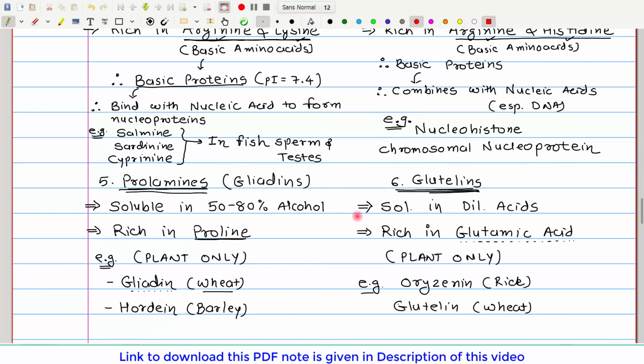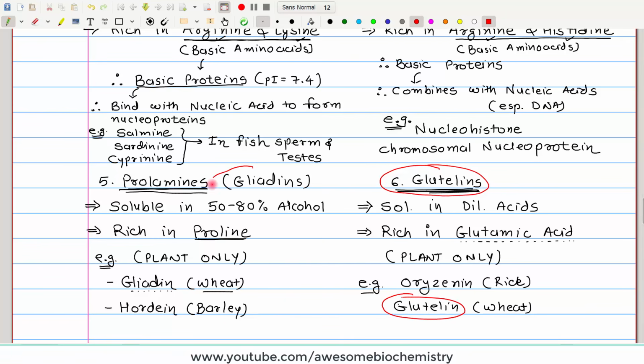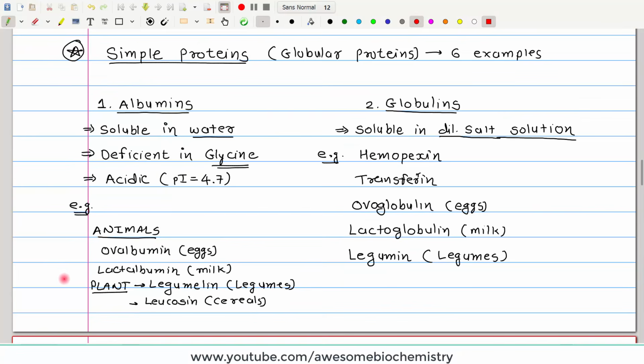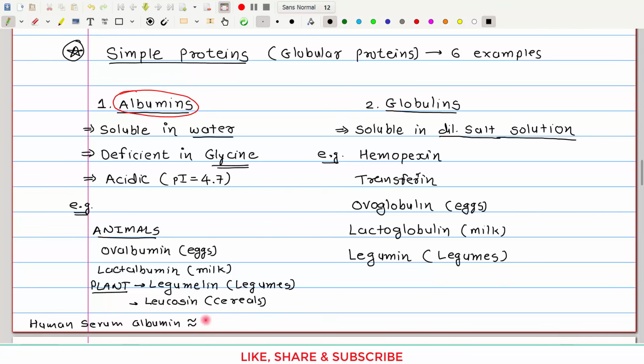Here I want to stress one important aspect that you don't have to forget. See, the group name is glutelins and one of its members is glutelin. Here also the group name is gliadins and its important member is gliadin. Similarly, in case of albumins, as an example we had not discussed human serum albumin. Simply, human serum albumin, we call albumin only. So what happens?